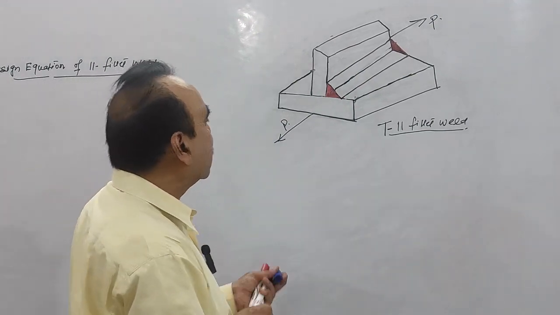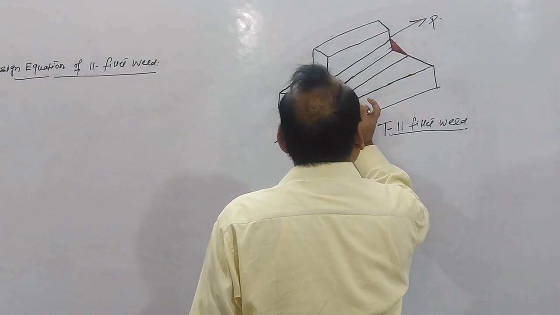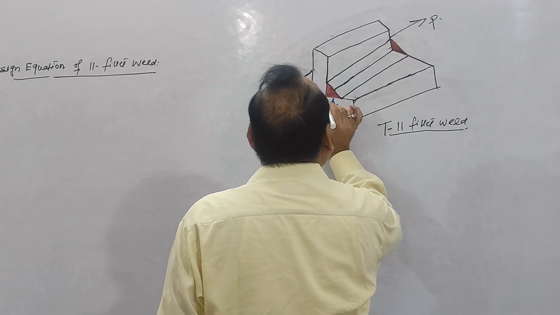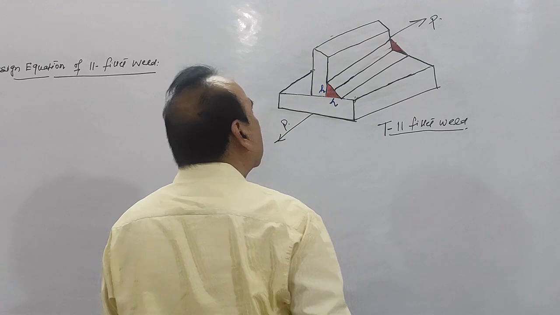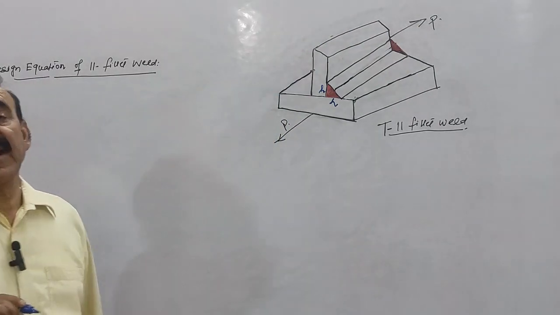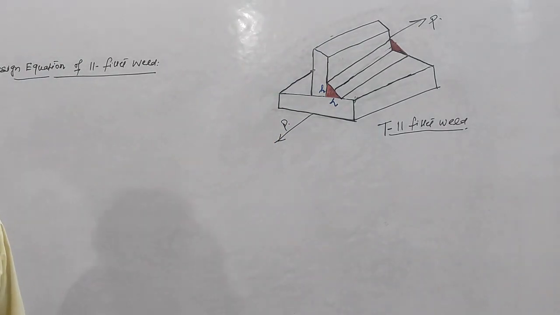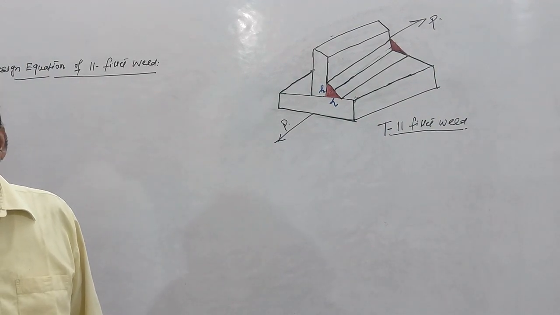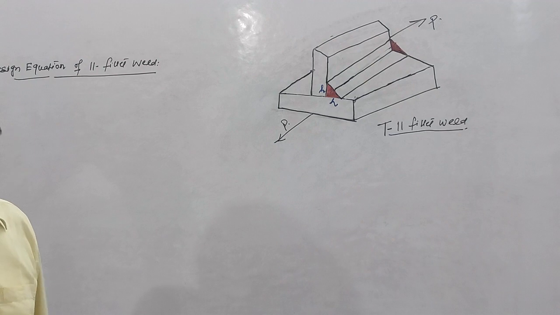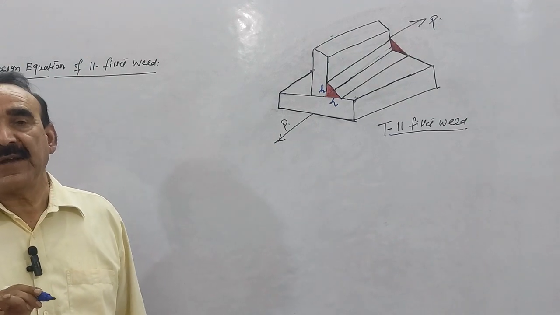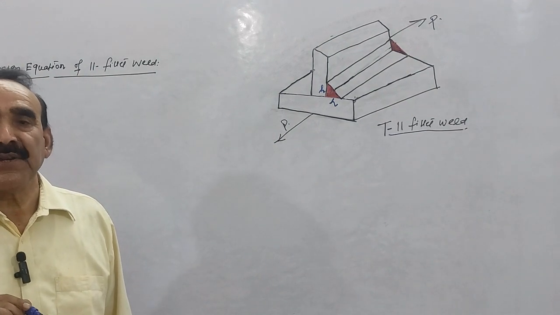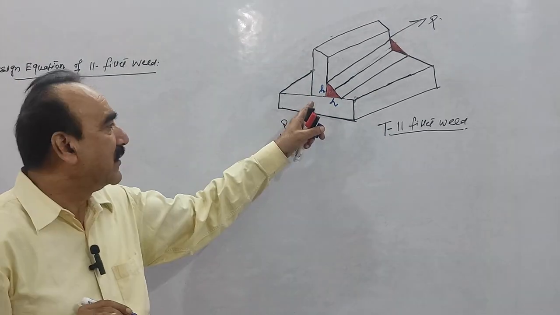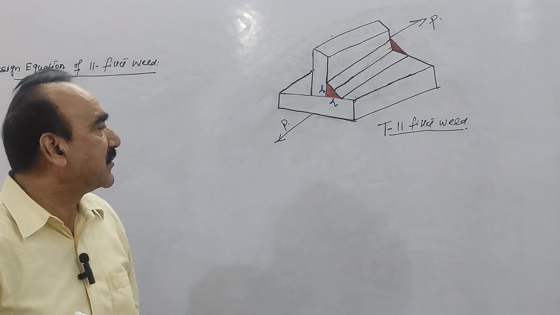Here this length is h and this length is h, because the leg lengths of both welds are the same, so that your equation for the weld is simplified. I have not taken any difference.